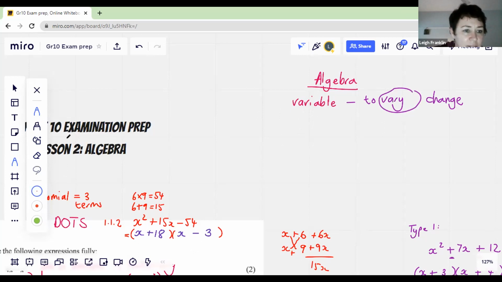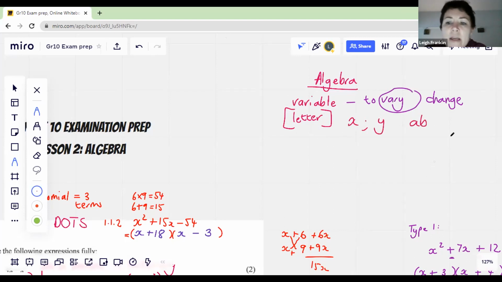Variables are letters. So variable is just a fancy word for saying a letter, because letters can change their value depending on which context we use them. Like when we solve an equation, sometimes x can be 2, but sometimes it can be 3. So variable is just a fancy way of saying a letter, things like x or y or a or b or any letter that we use.